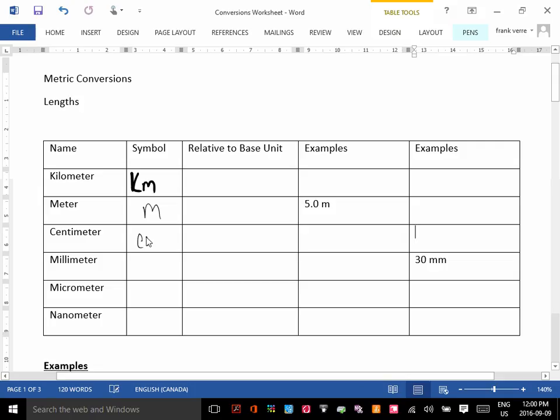You guys sound like the choir. Millimeter. Oh, micrometer. You're going to see this symbol. This is the symbol for micro. Now, do you see that? Maybe.